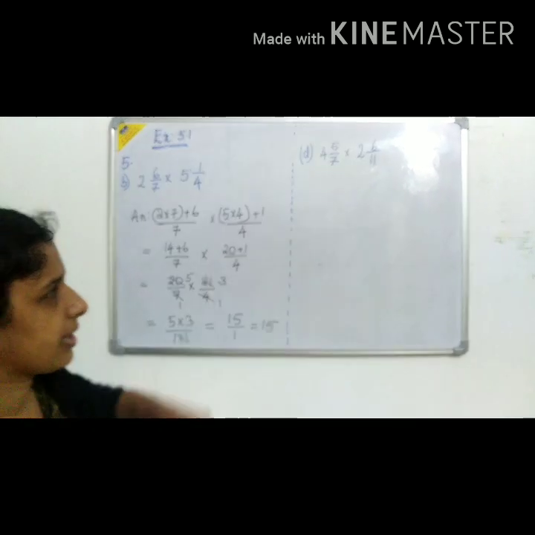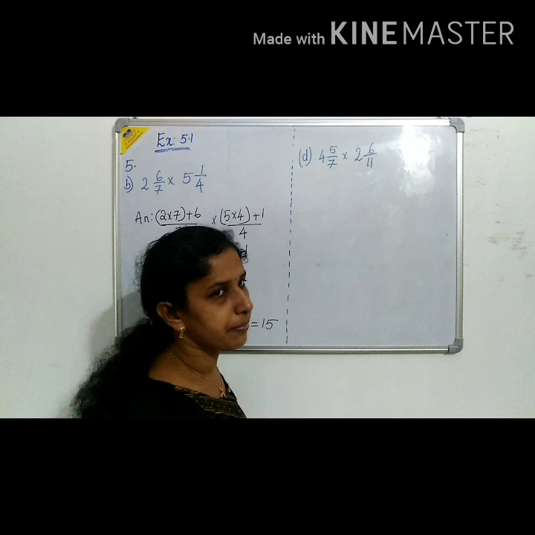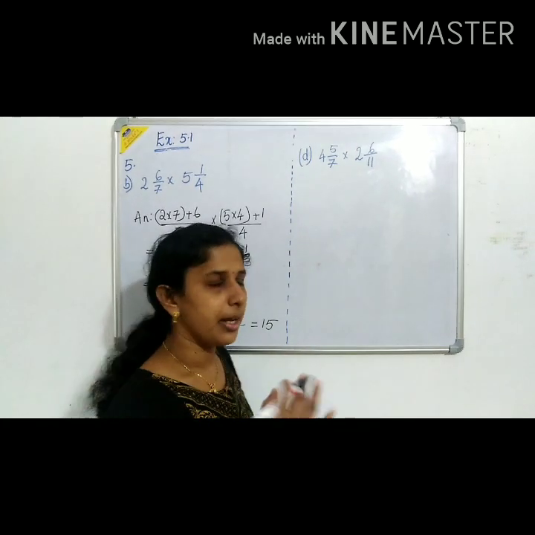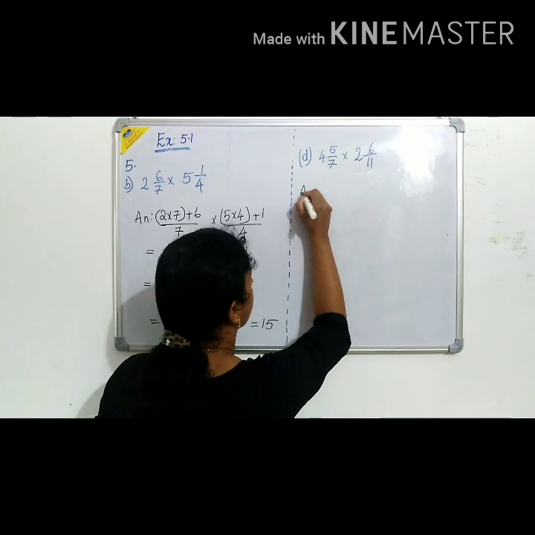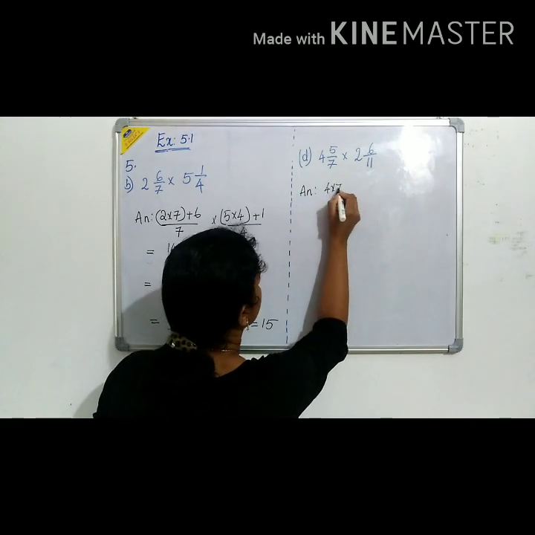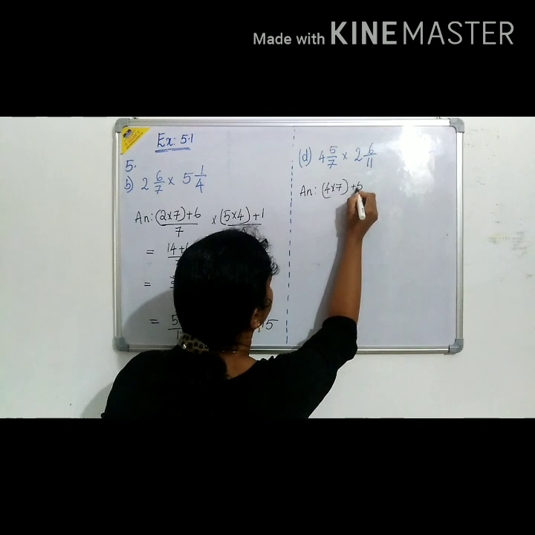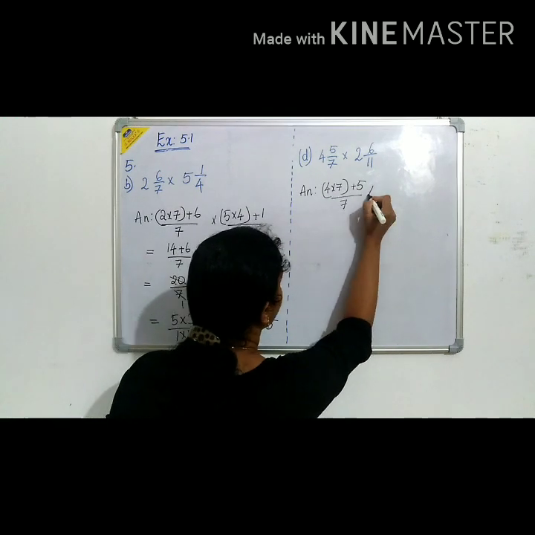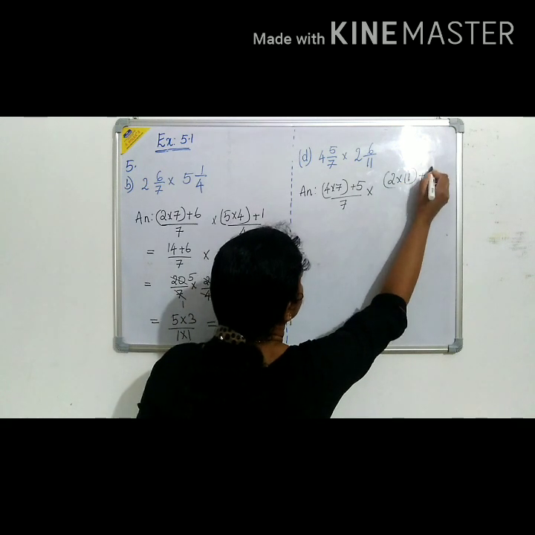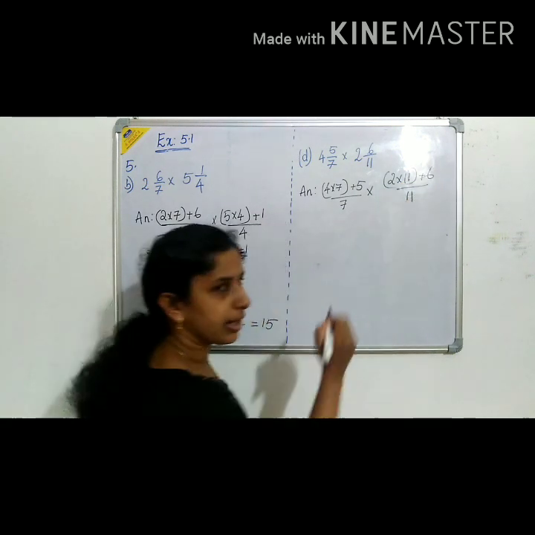Now we can see the second question, question number D. Here also first of all we have to convert the mixed fractions into improper fractions. Answer: first we are converting 4 into 7 plus 5 divided by 7 into 2 into 11 plus 6 divided by 11.